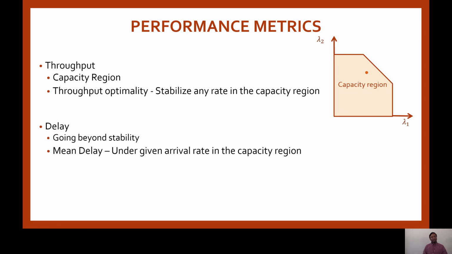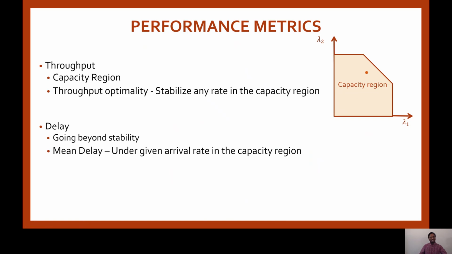But from a customer point of view, they don't care whether Google is using their data center efficiently or not. All I care about as a customer is whenever I Google for something, I want a response instantaneously, which means I care about my individual delay. So the second kind of question that we'll be interested in is to study delay. For a given set of arrival rates, can we come up with a policy that minimizes delay?